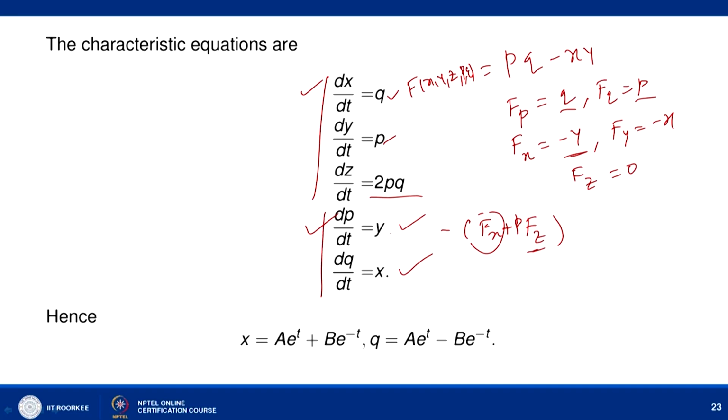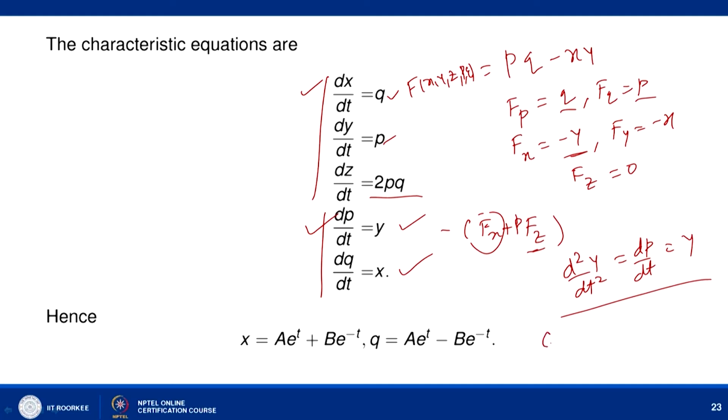Now dp by dt is given in terms of y and dy by dt in terms of p. So you can use this and simply say that d2y by dt square is equal to dp by dt, that is y here. So from this you get d2y by dt square equal to y, which has a very simple solution, and you can write y as a linear combination of e to power t and e to power minus t.